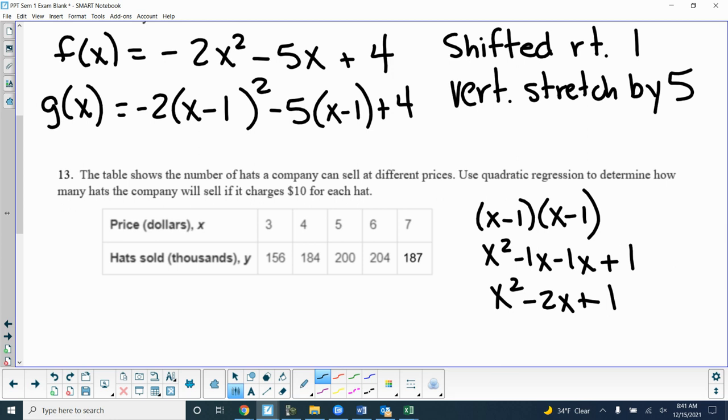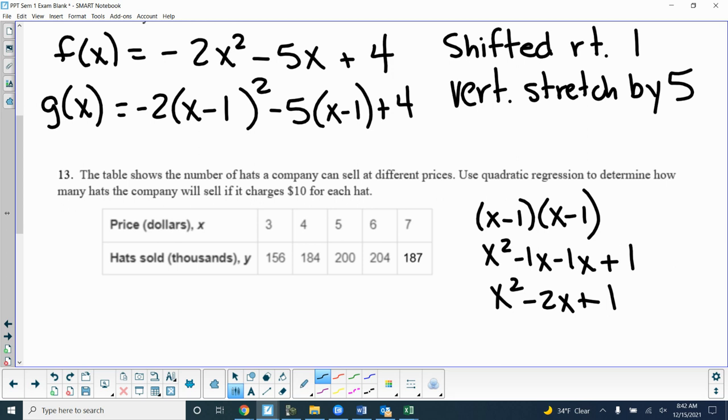All right. The shortcut, the way without having to write it all out, is take the first term, the x, and square it, and you get the x squared. Multiply the two terms together, which is -1x, and then double that. -1x doubled is -2x. That's how we get the middle term. And then the third term is the -1 times -1, square it, you get a +1.